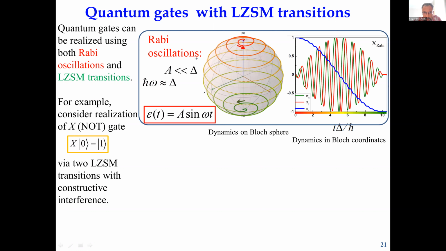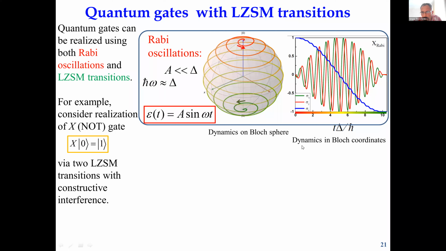Look, Rabi oscillations. A two-level system is driven by a periodical signal with small amplitude and with a frequency equal to the resonant one. This is the visualization of its dynamics on the Bloch sphere, where starting from the North Pole, we end up after many periods of the driving signal in the South Pole, the NOT gate.